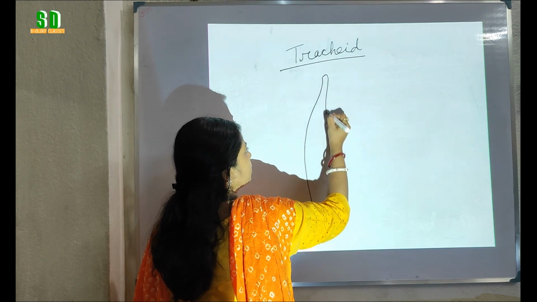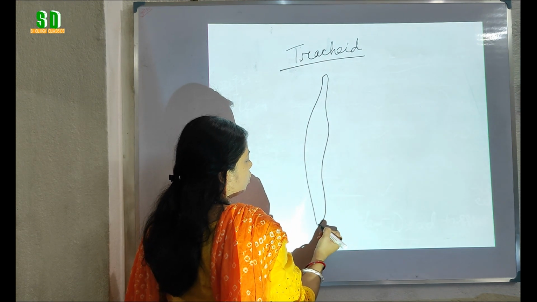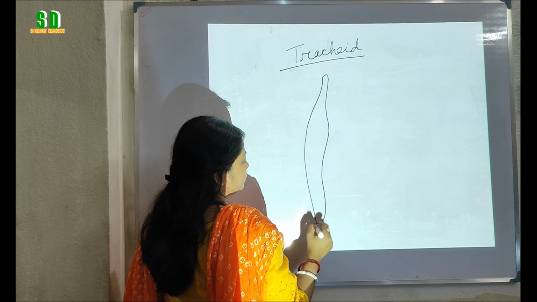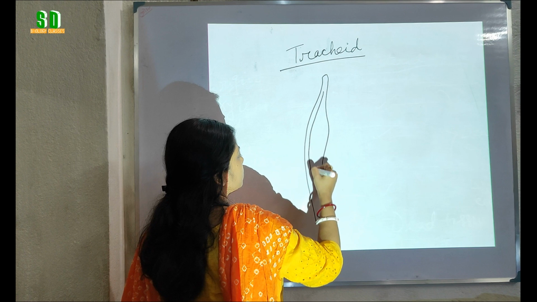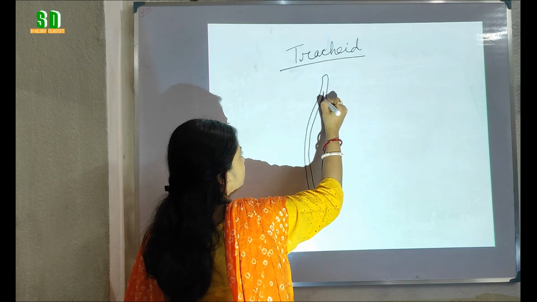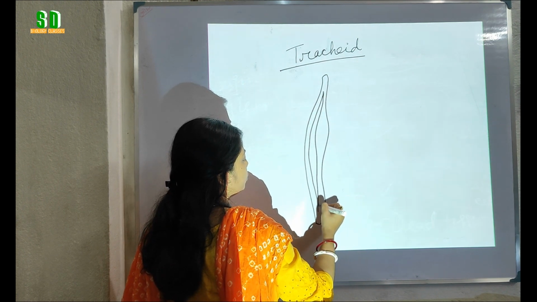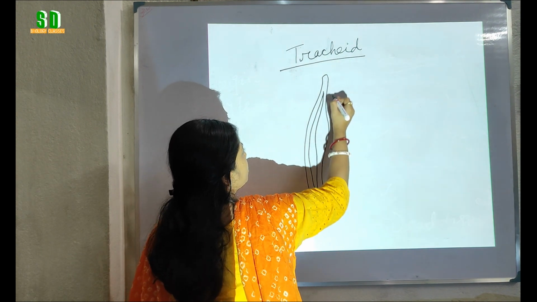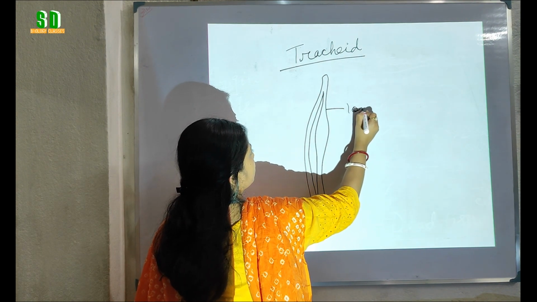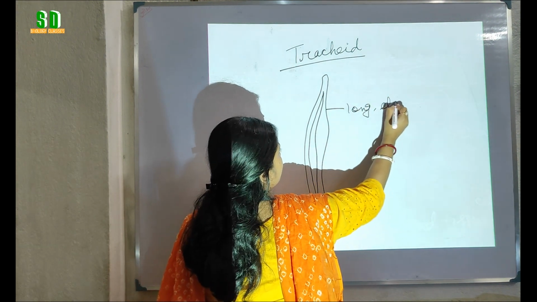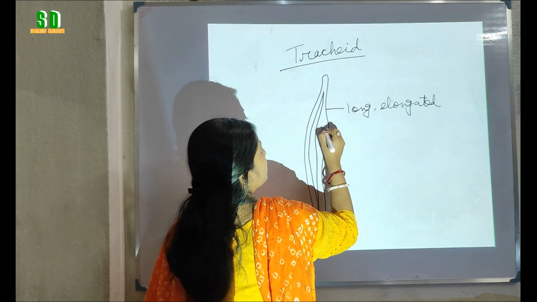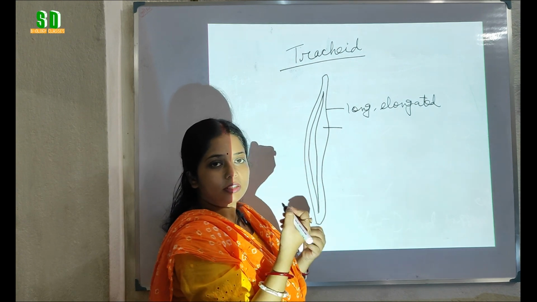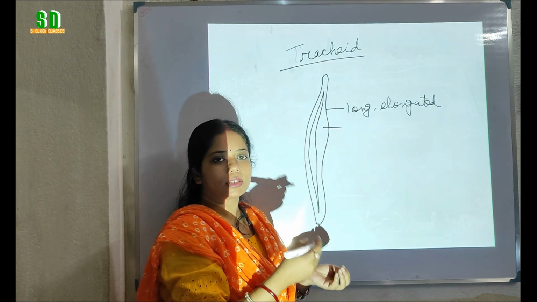Tracheids are long elongated cells with a very narrow cell lumen. The cell wall is made up of mainly lignin in addition to cellulose.